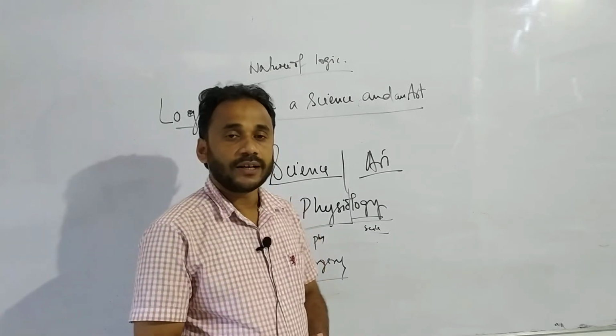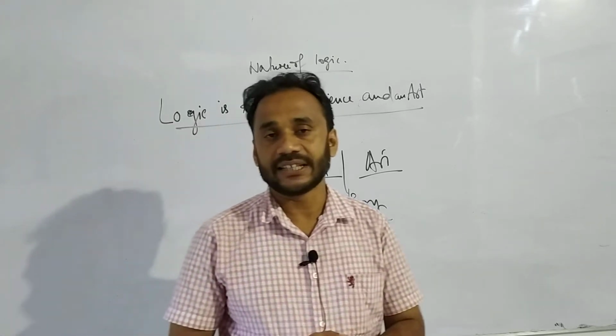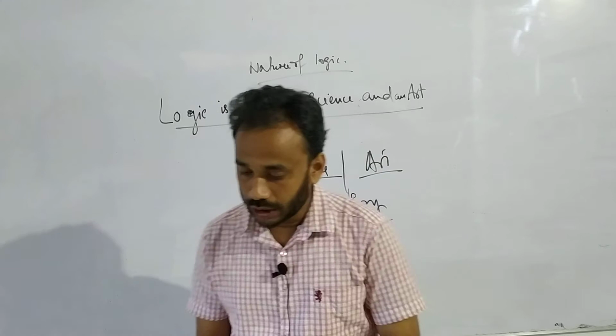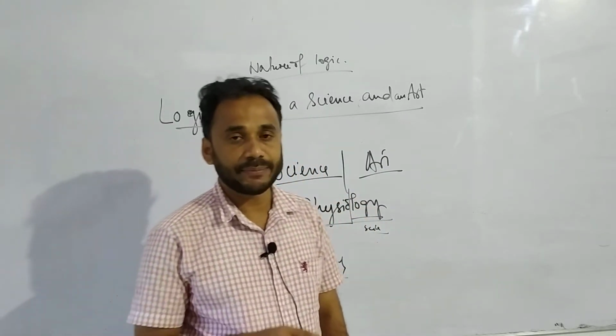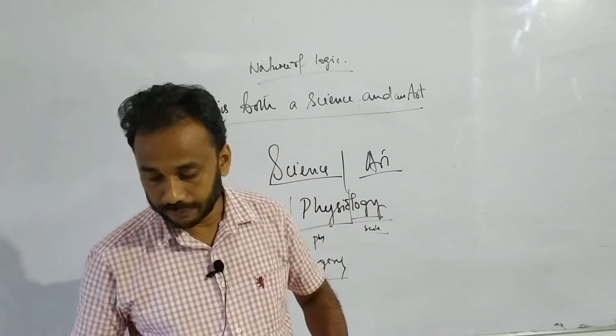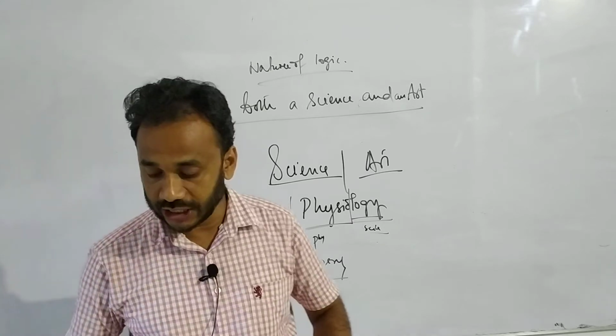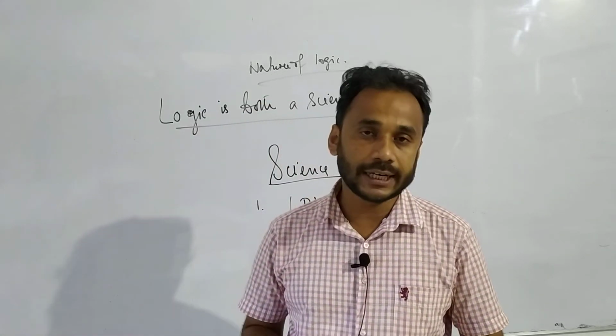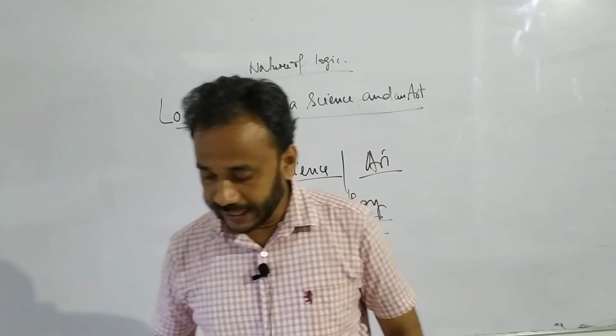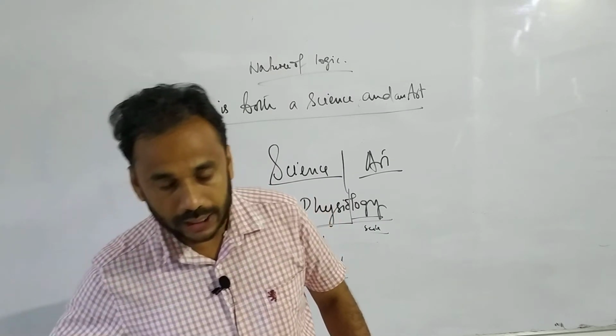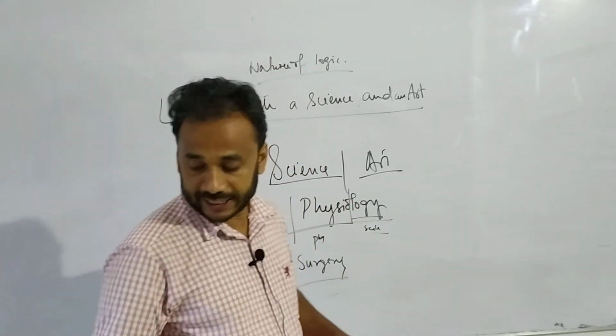Here we see that every science, in order to attain systematic knowledge, must conform to the general principles of correct thinking. Logic deals with the general principles of correct thinking.